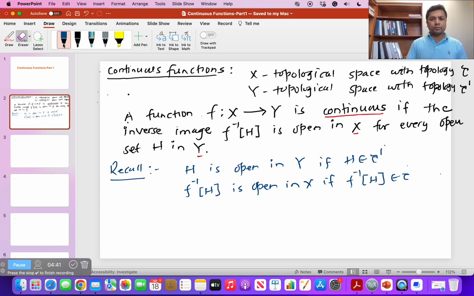Okay, and now what is this inverse image of H?